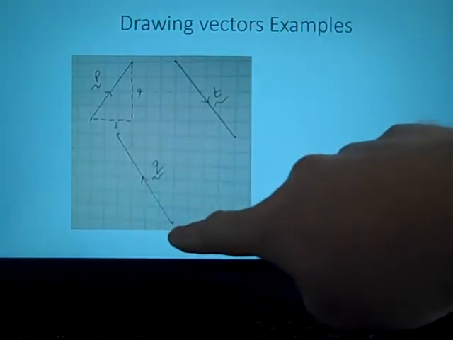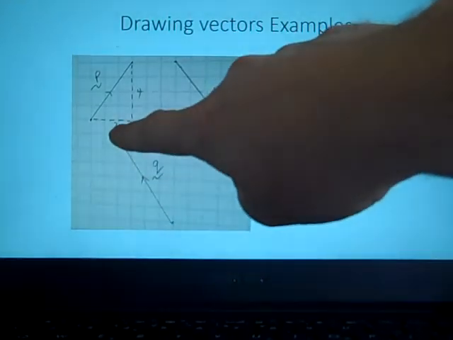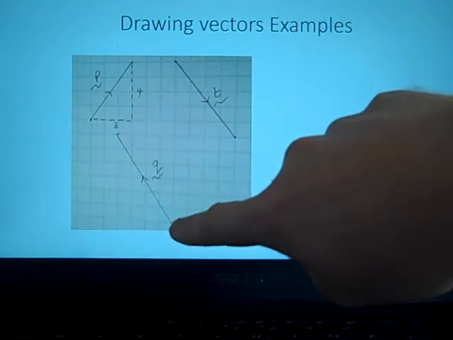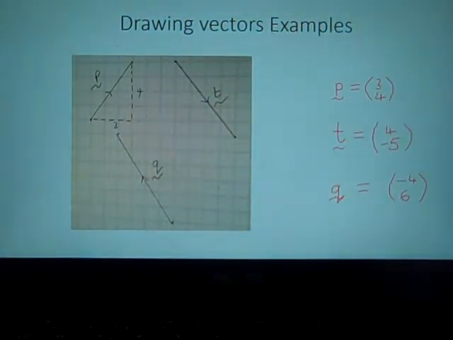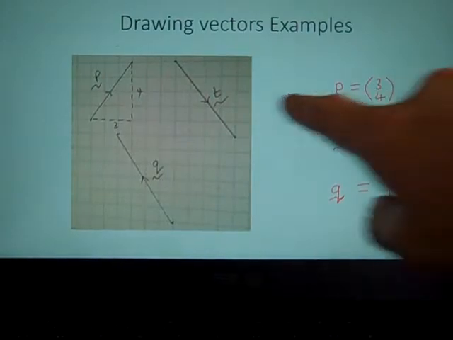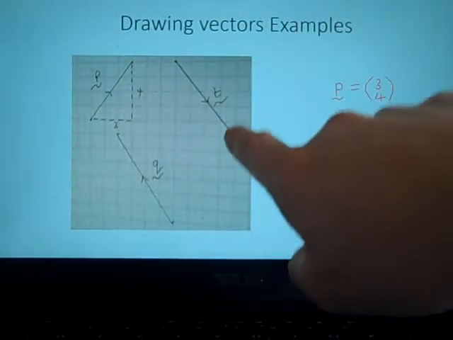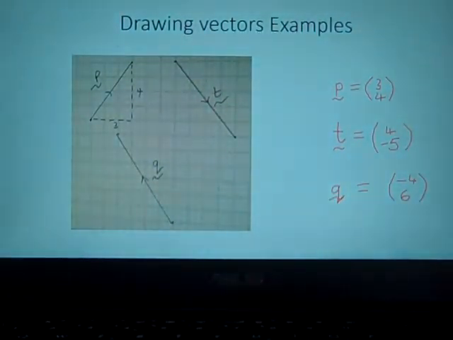Vector Q goes back 4, then up 6, because the arrow is really important, showing you which direction we're moving. So negative 4, 6. So as you can see, 3, 4; 4, negative 5; and negative 4, 6 for Q. That's how we draw some vectors.